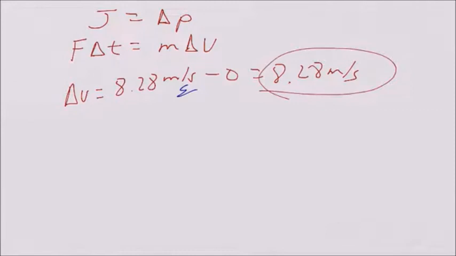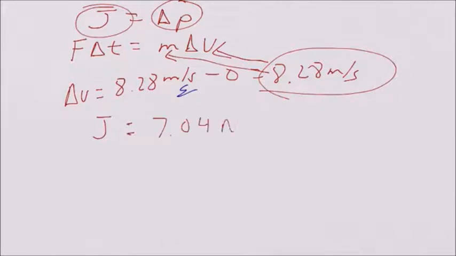We can multiply change in velocity times mass to give us the change in momentum, which is also the impulse. So let's take 8.28 and multiply it by the mass of that cart, which was 0.850, to get an impulse, J, of 7.04. And we can write those units as either newtons times seconds, or equivalently, kilogram meters per second.